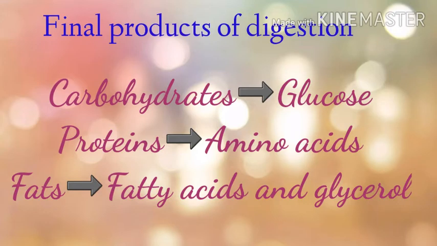They are either stored under the skin for future use or utilized by the body to obtain energy. So the main products after digestion are glucose, amino acids, fatty acids and glycerol. Glucose is formed from carbohydrates, amino acids are formed from proteins, and fatty acids and glycerol are formed from fats.